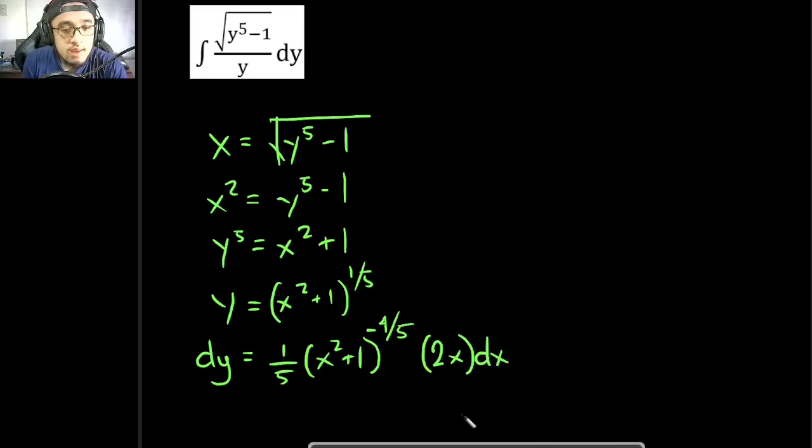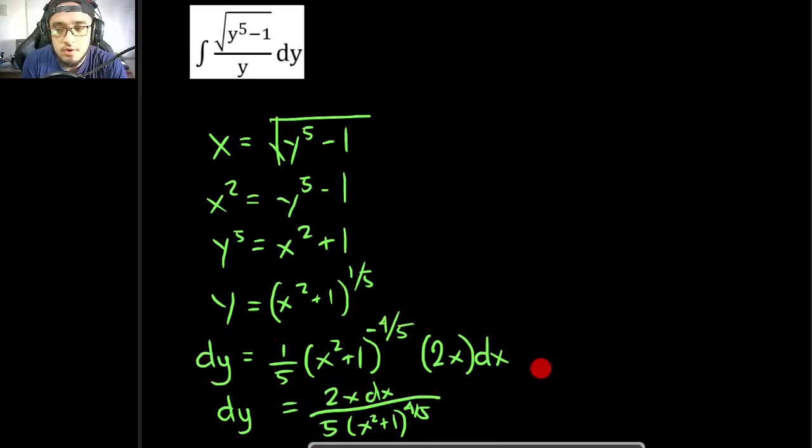If you're getting confused here, it is better for you to review differential calculus first. So this is the answer for our dy: dy is equal to 2x dx divided by 5 times x squared plus 1 raised to 4 over 5. This is a much simpler equation.